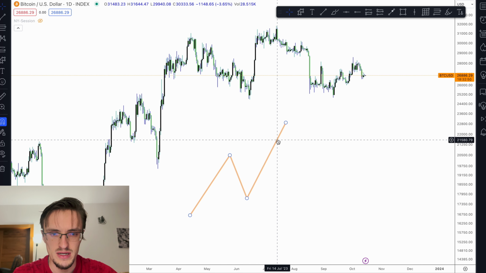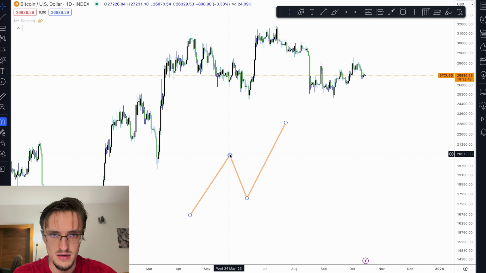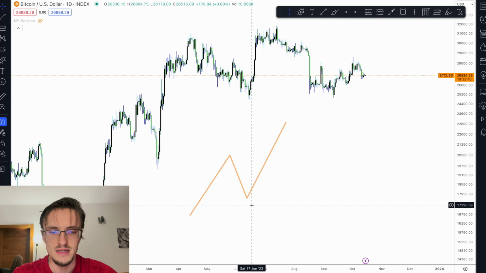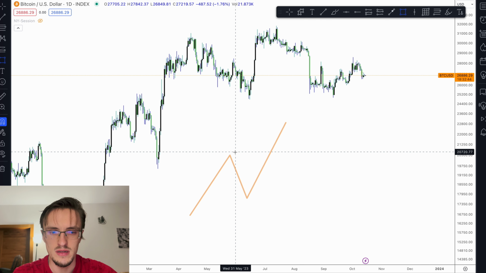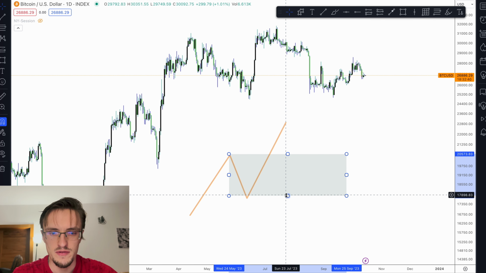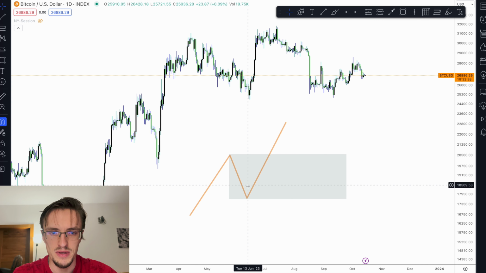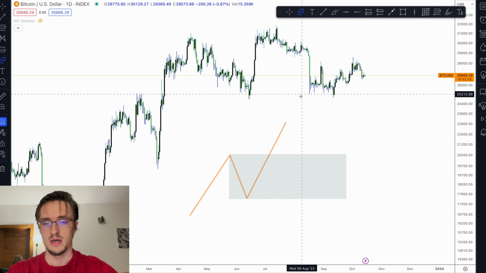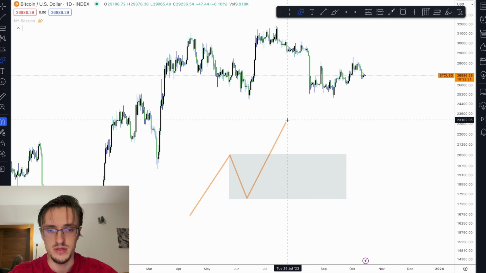The moment price overcomes the previous high, that is when we draw the box. This is the box, and you draw it from the previous high and the previous low. That is very important. It may sound simple, but it's very important.